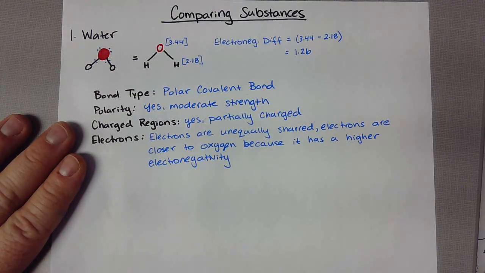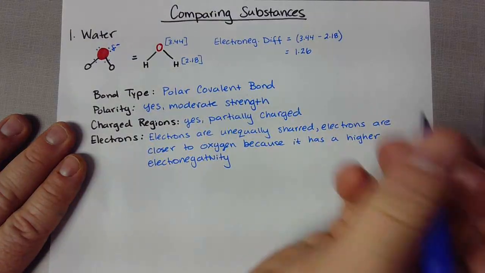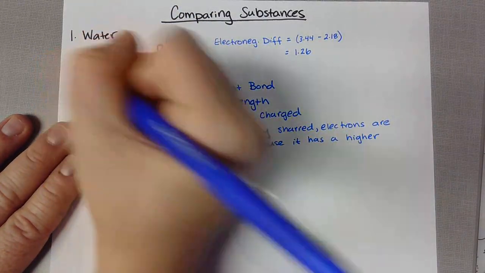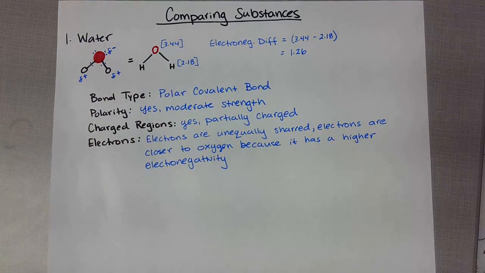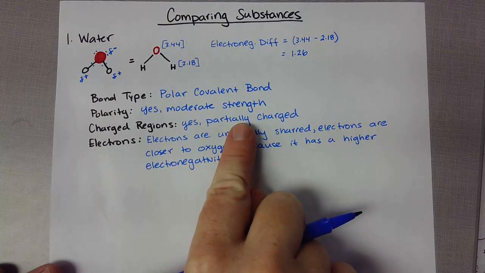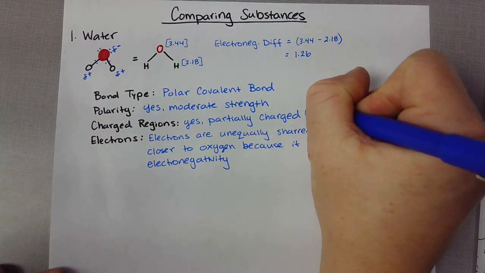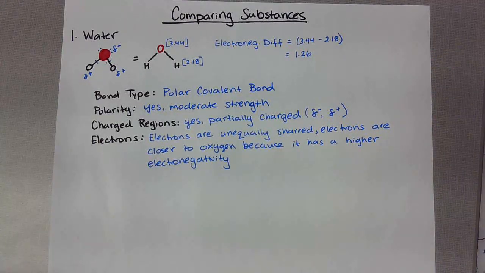Because oxygen has those electrons closer to it, this is going to be a negative region, while each hydrogen is going to represent a positive region. But because this is a polar covalent bond, we only have partially charged regions. So I'm using that open figure 8 symbol that we've learned about, not the fully charged ions that we would see if we had an ionic bond.